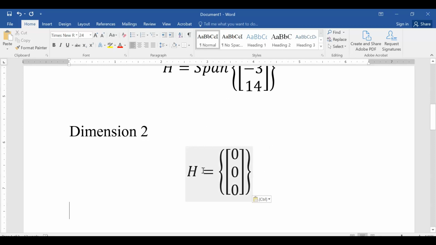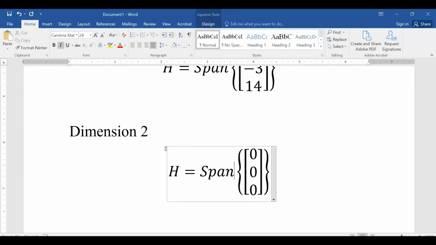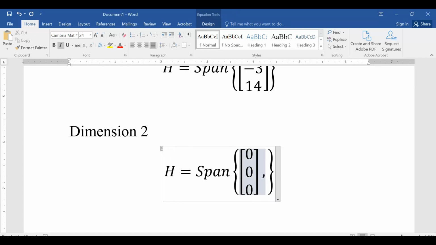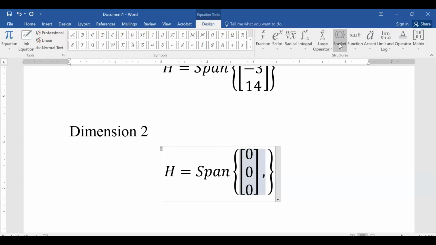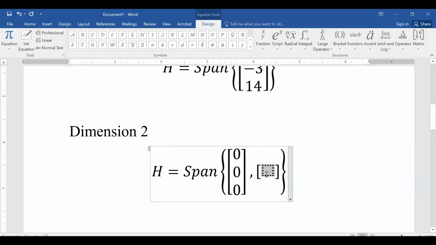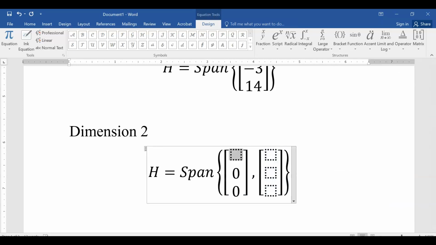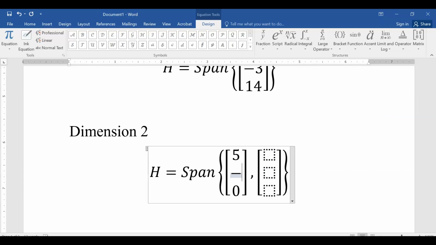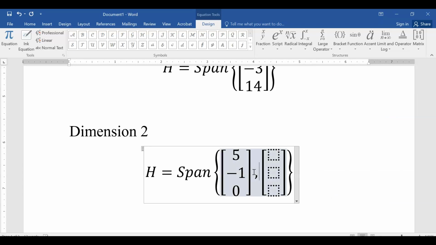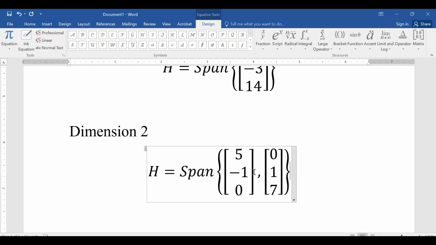Now what about 2? If I want a dimension 2, I need the span of 2 vectors because I want 2 vectors in my basis. We're going to have 2 rules for these 2 vectors. First, we can't have the 0 vector. Second, we can't have one as the multiple of the other. All right, we want independent vectors, linearly independent vectors.